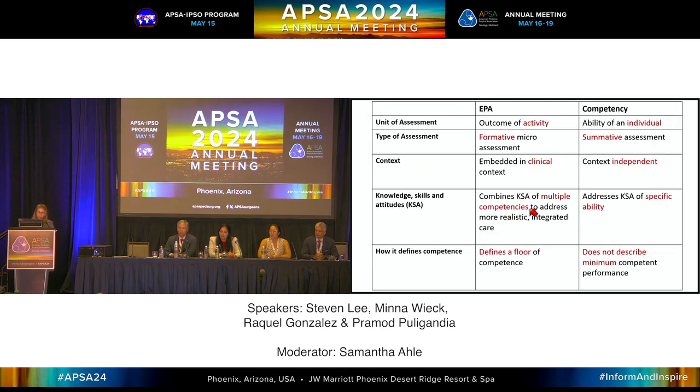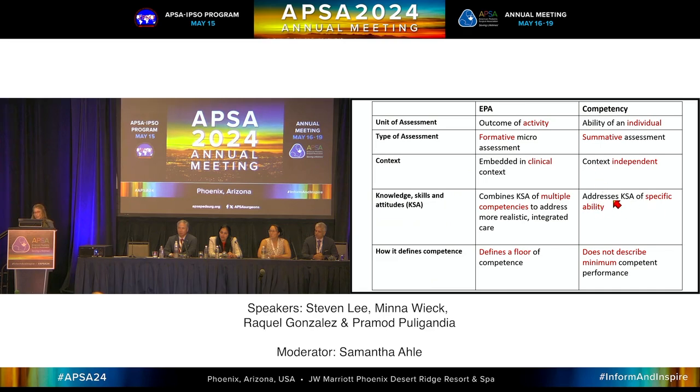I find this figure helpful in further understanding the definitions. So in an EPA, the unit of measurement is the activity itself, whereas in the competency, it's the individual. An EPA is a formative microassessment, whereas a competency is meant to be a summative assessment. An EPA is embedded in clinical context, whereas a competency is context independent and ranges across all competencies, or EPAs.